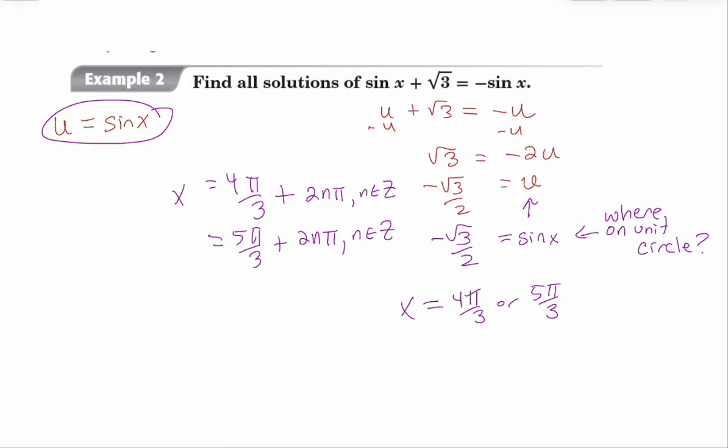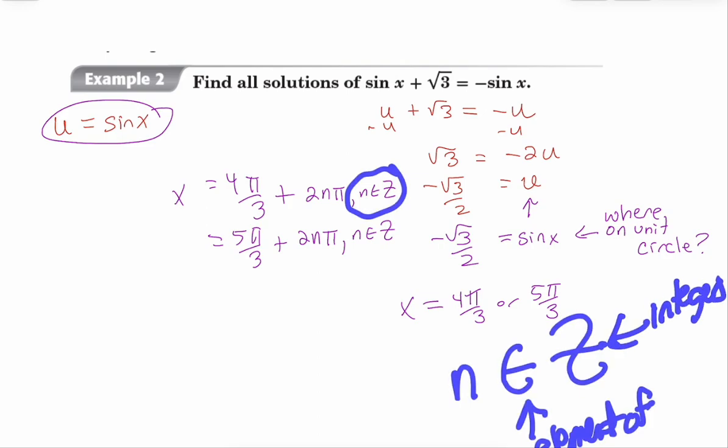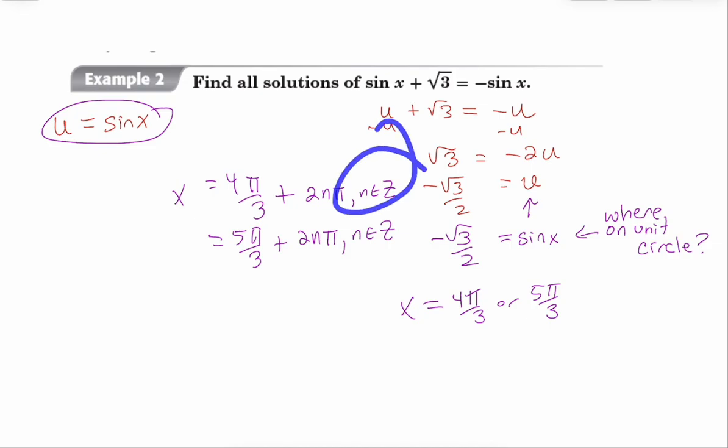What does it say at the end, at 4 pi over 3 plus? This right here, that is, n is an element of Z. That means element of, and this means integers. So that's just a notational thing. N is an element of Z means that n is an element of the integers.